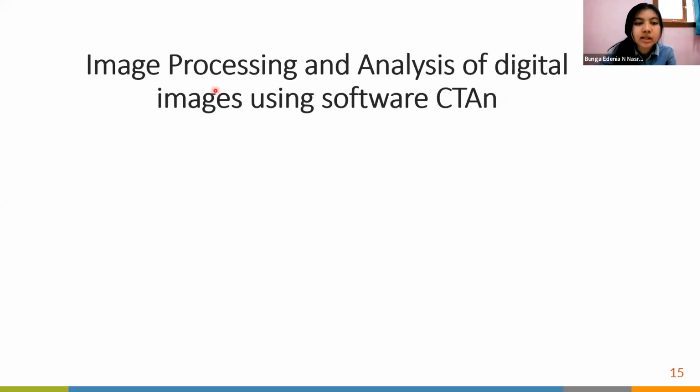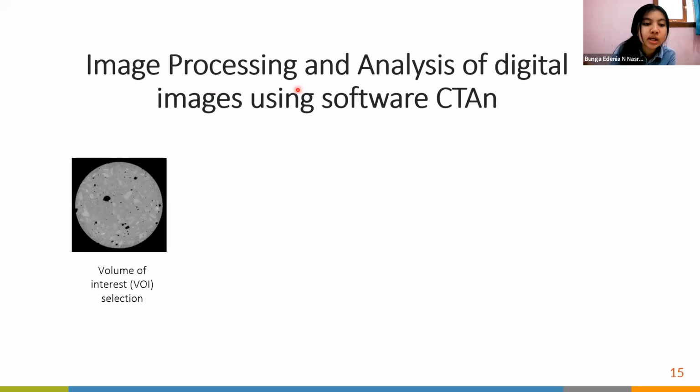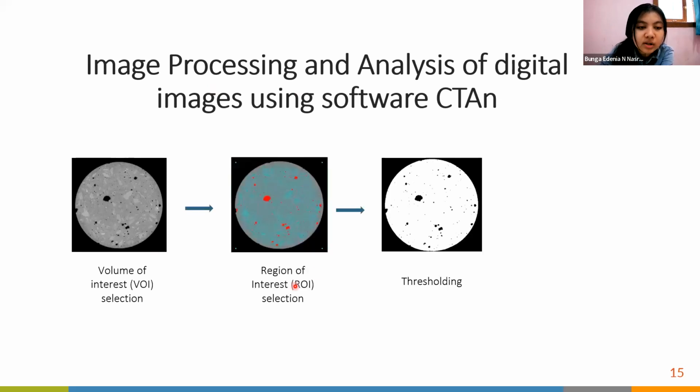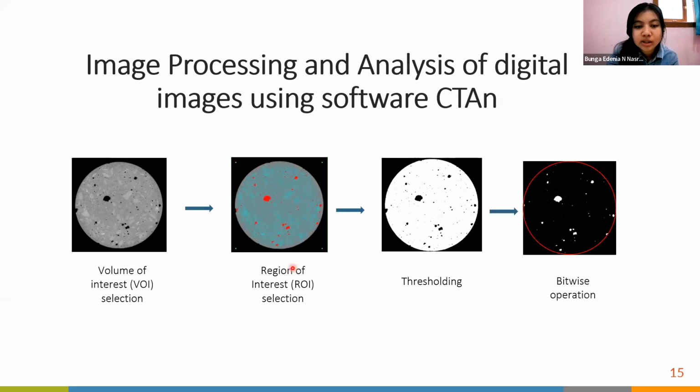This is the stage of digital image processing and analysis using the software CT Analyzer. First, we do the selection of volume of interest and then region of interest. After that, we do thresholding to convert the grayscale image from the reconstruction process into a binary image, and then we do the bitwise operation, so we analyze only the pore structure in our concrete sample.